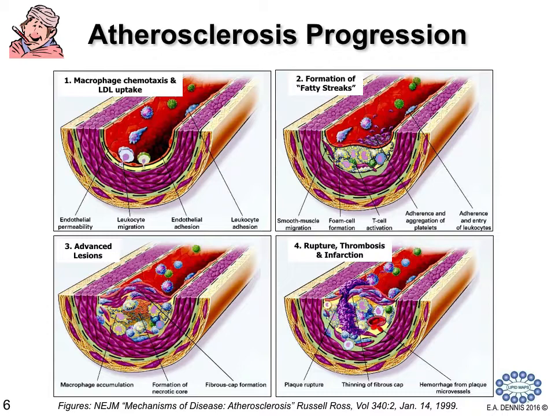As this process continues, and one gets further accumulation, as shown in panel 3, one progresses to advanced lesions, the formation of a necrotic core, and fibrous cap formation. This eventually leads to rupture, thrombosis, and infarction, as depicted in panel 4.